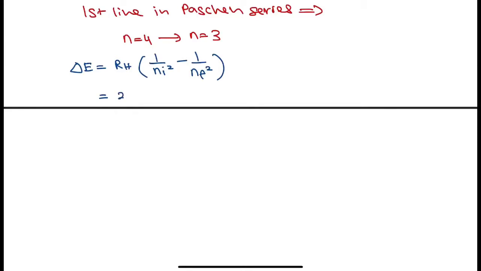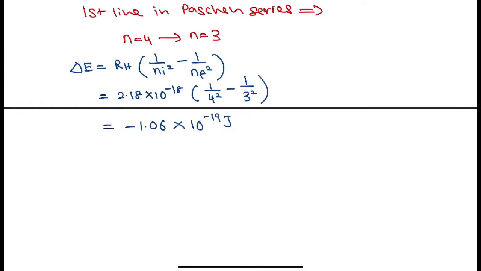That would be 2.18 times 10 to the power of negative 18 for Rydberg constant multiplied by the initial n, that would be 4 minus the final n value, that would be 3. Solving this would give you an answer of negative 1.06 times 10 to the power of negative 19 joule.